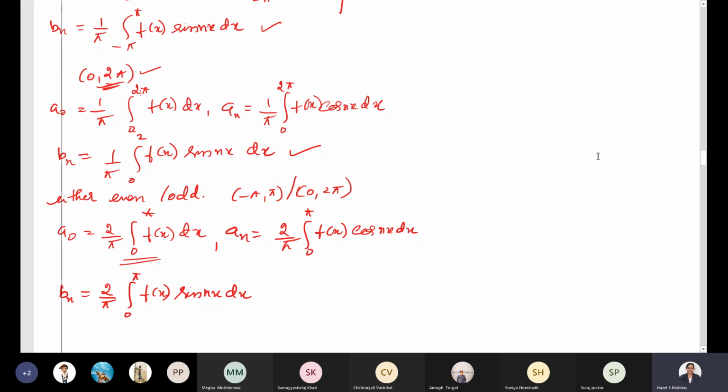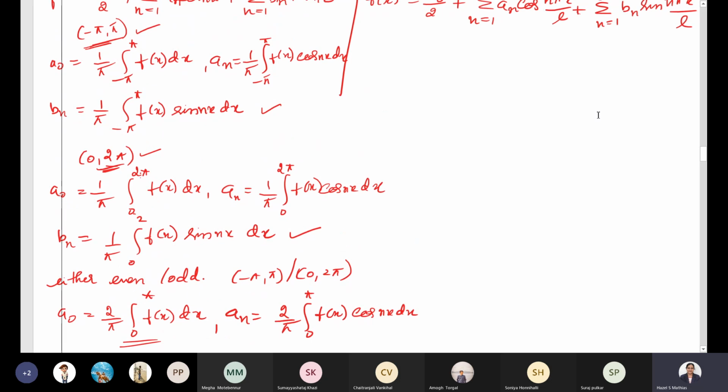There are not so many formulas. It is one formula only, but it depends on the interval. They are segregated into 3 steps. So if you remember any one formula it is sufficient, you need to do the alternate arrangement depending on the interval given. Is it okay, everybody? Please answer. If you have any doubt, please clarify.